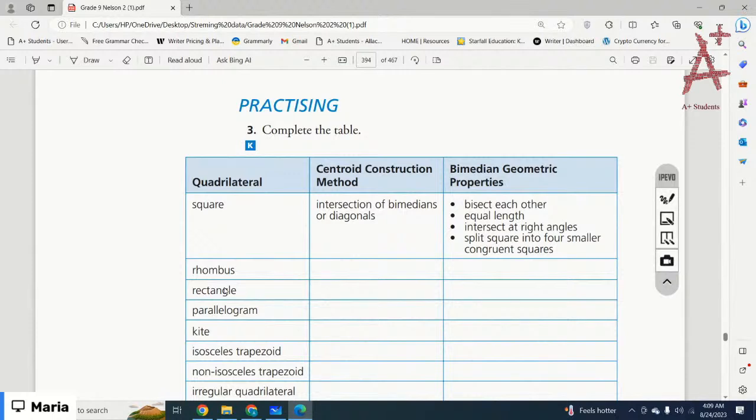The next one is the kite. The centroid of a geometric kite is the intersection of the bimedians. The bimedians of a geometric kite intersect and divide the kite into four irregular quadrilaterals.